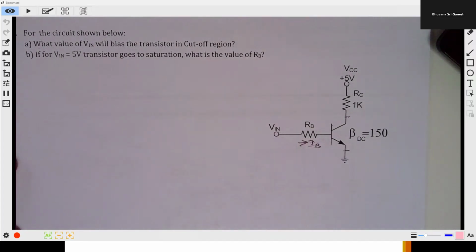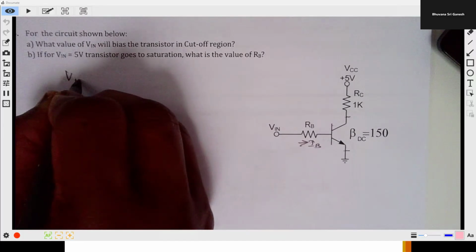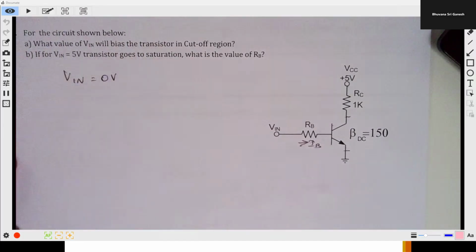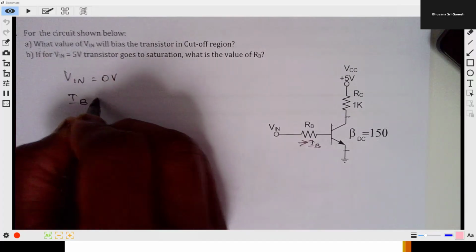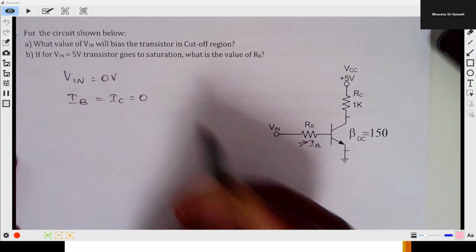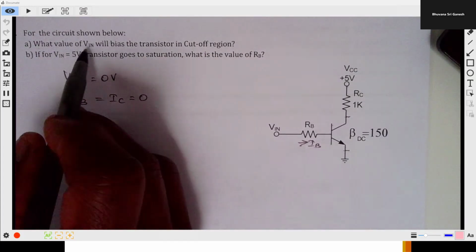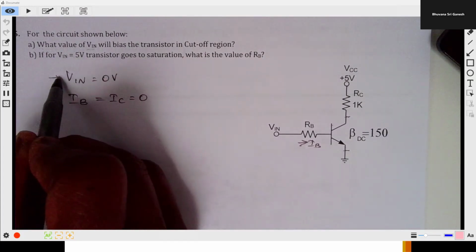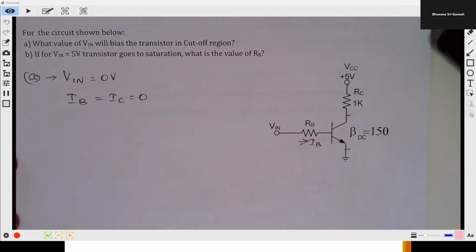So for the first question, for the transistor to be in cutoff, Vin equals 0 volts. Also IB equals IC equals 0. They are only asking for Vin, so the answer to A is Vin is 0 volts. That is the time the transistor is cut off.